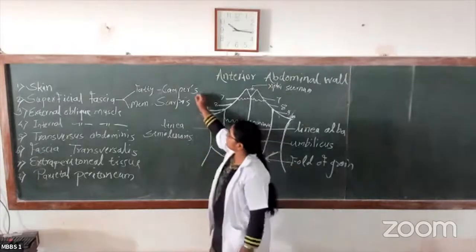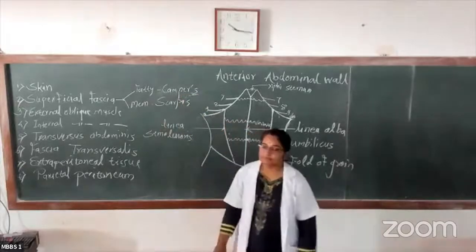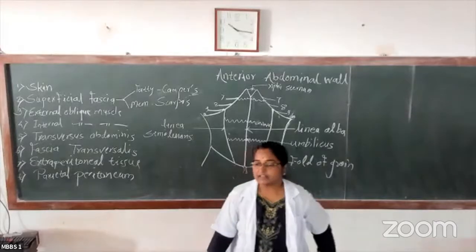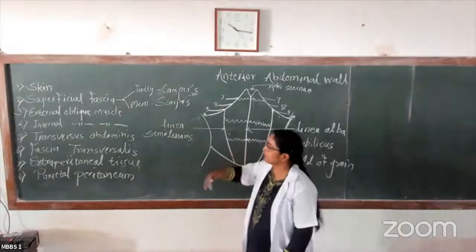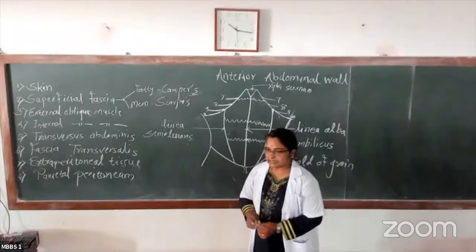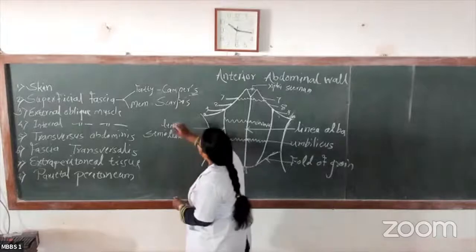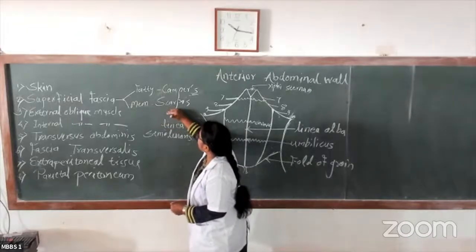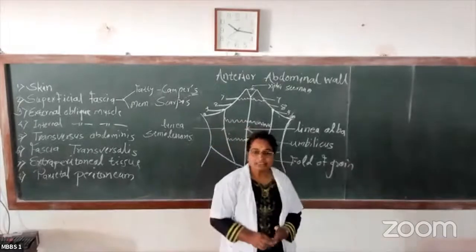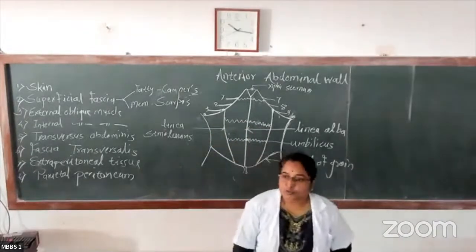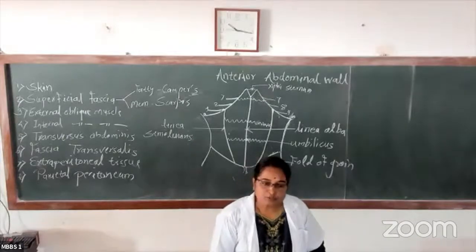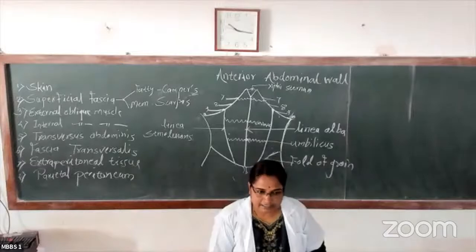Now, this superficial fatty layer in morbid obesity is many inches thick, and this superficial fatty layer is continuous with the superficial fascia of the adjoining areas. Now, in between these two layers, there is a presence of superficial epigastric, superficial circumflex iliac, and superficial external pudendal vessels.